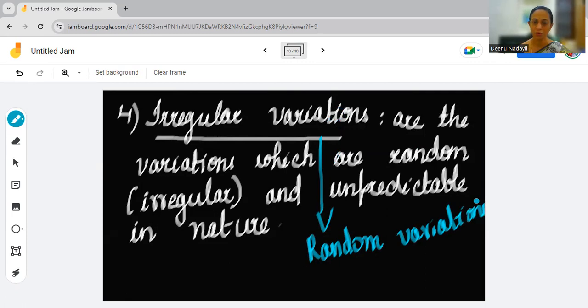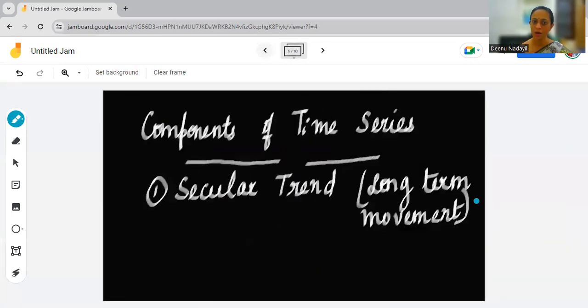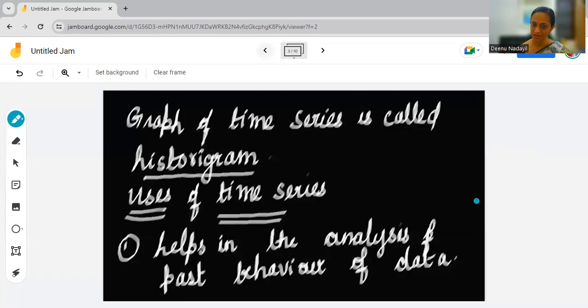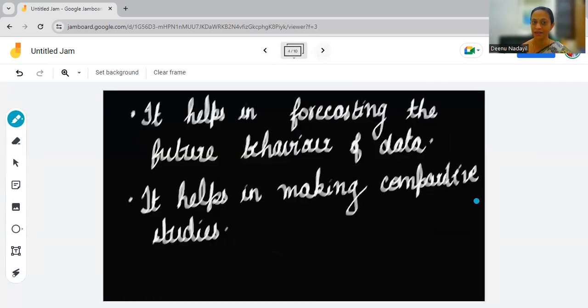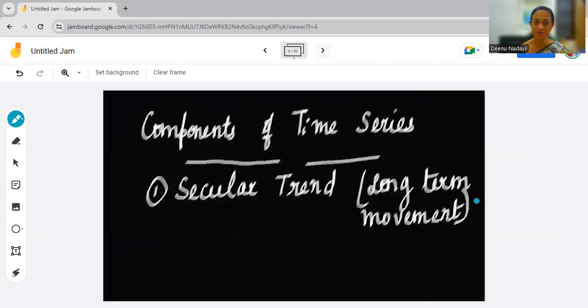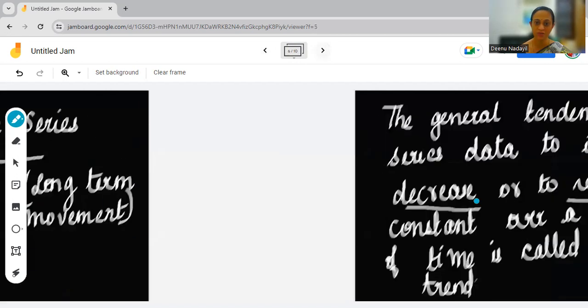So what do you mean by time series? What are the uses of time series? It helps in analyzing past behavior, how it was in the past. It helps in forecasting the future behavior, and it helps in making comparative studies also. These are the different uses. And what are the different components? We have 4 components. One is secular trend or long-term movement.